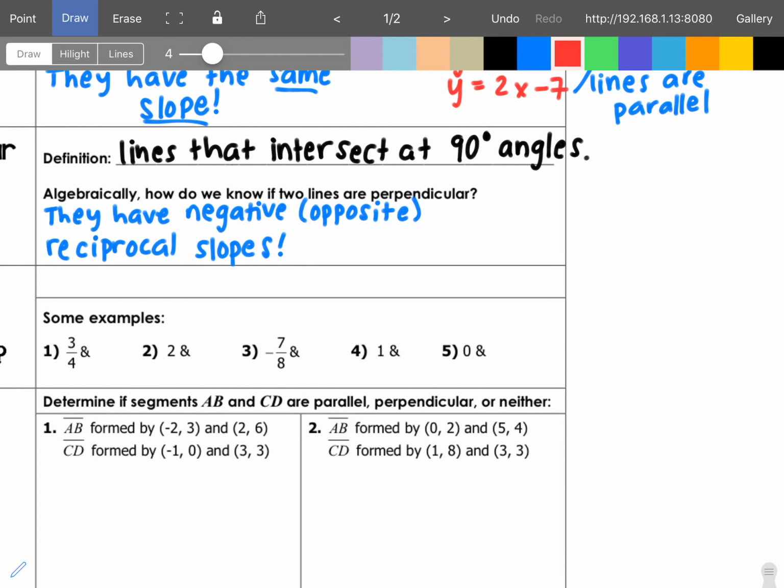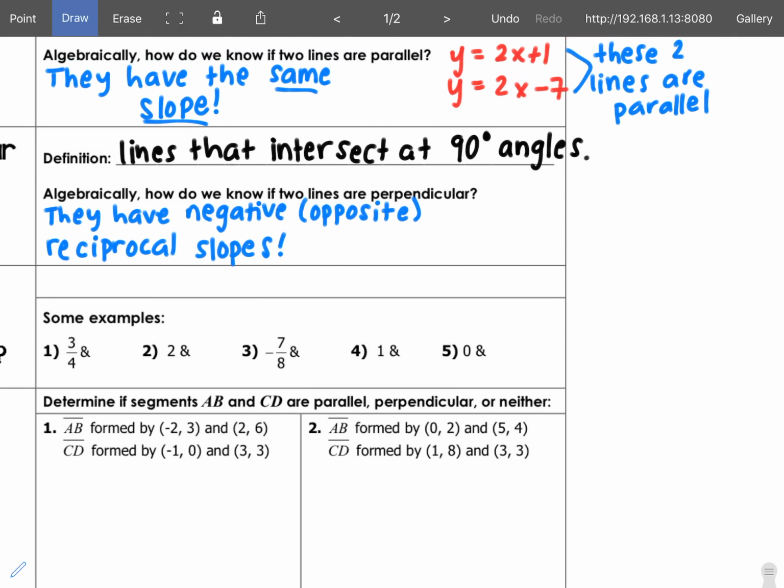For perpendicular lines, if I gave you y equals 2x plus 1, notice it's the same example that I gave up here, a perpendicular line would look like this: y equals. Perpendicular lines have negative reciprocal slopes.